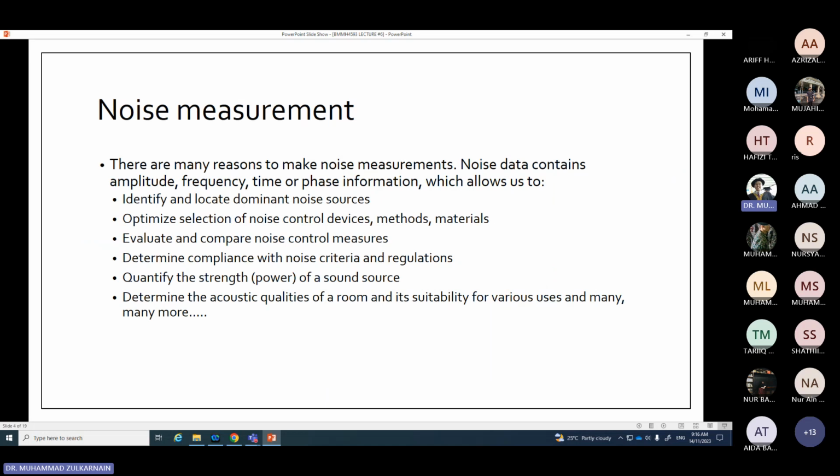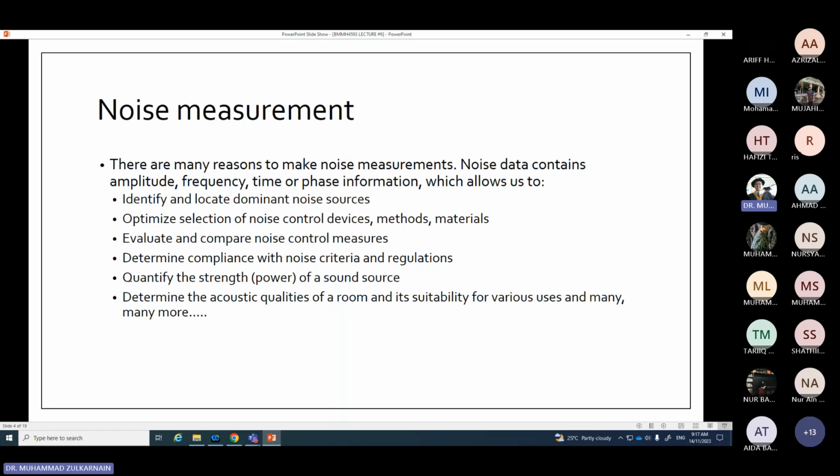Okay, now we go to how to measure the noise. There are many reasons to make noise measurements. Noise data contain amplitude, frequency, and time or phase information, so we can identify the noise by measurement. But what do we need to measure actually? Is it frequency, is it the decibel level, or what?